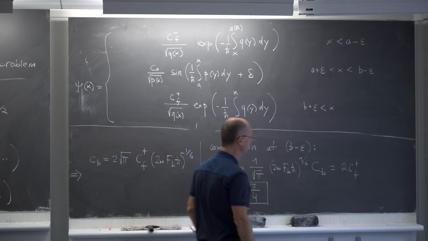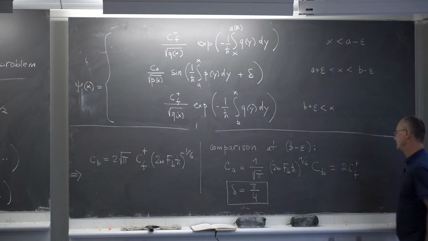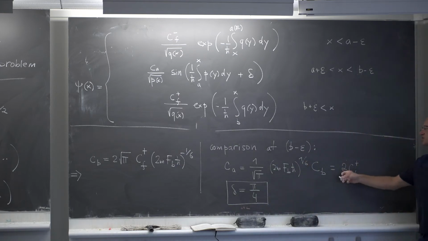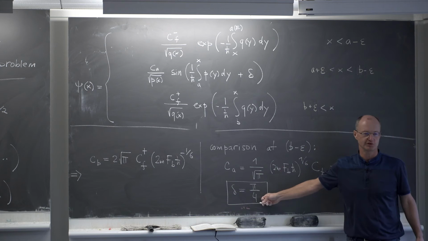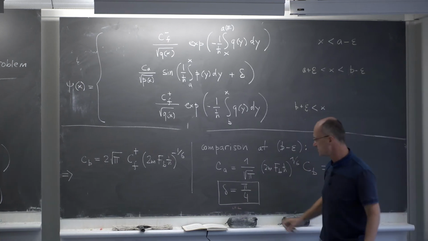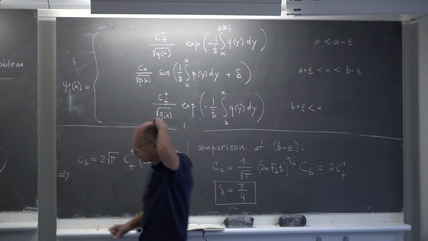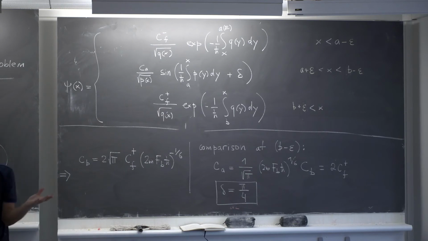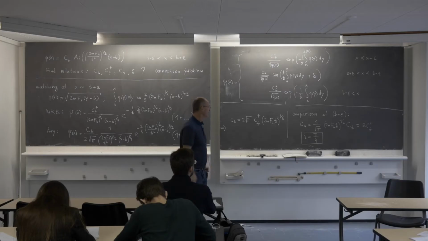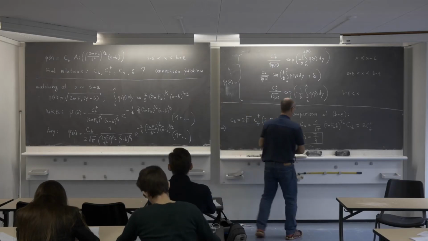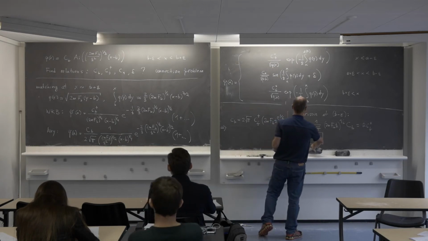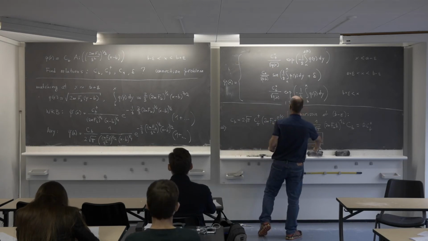Let's say in the scales of importance, this is important, but this is much more important. Okay, so there is this delta equals pi over 4, and that's again by asymptotics matching. All right, so so far so good.